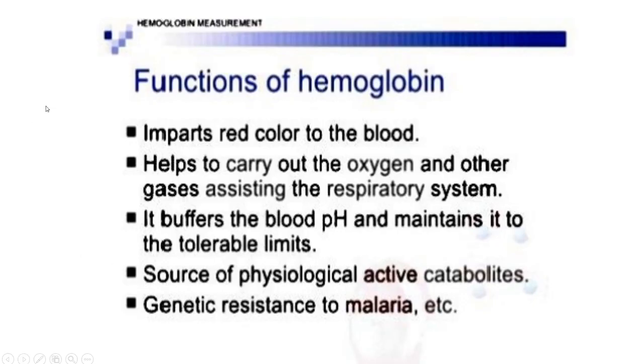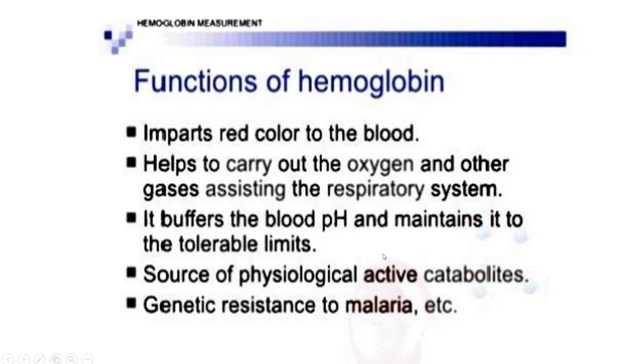So let's see the function of hemoglobin. It imparts the red color to the blood and helps to carry oxygen and other gases, assisting the respiratory system, and it buffers the blood pH and maintains it within its tolerance limit.